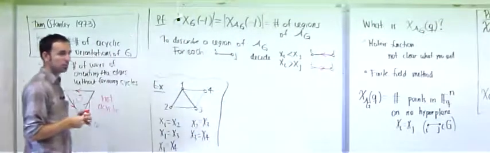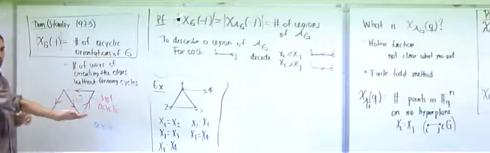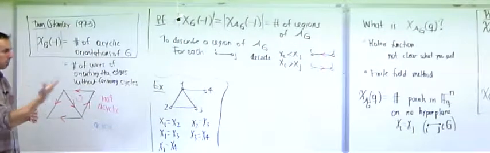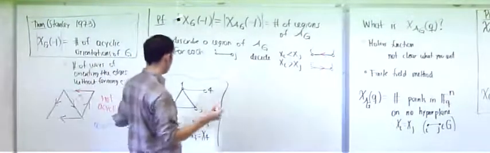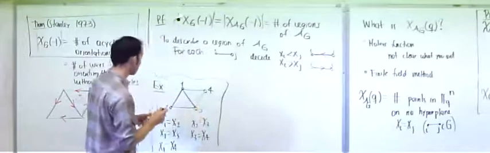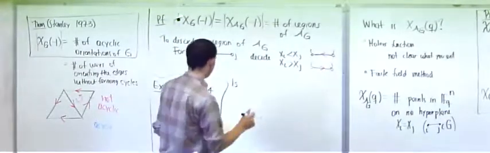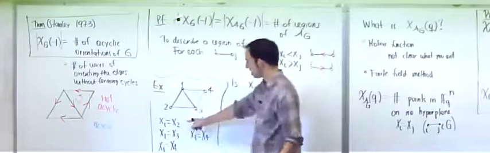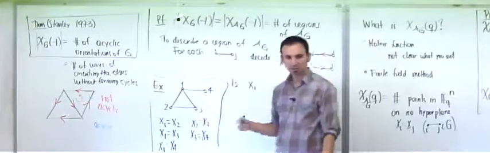Now, given a region, there must be an orientation that labels it. But the question is, when I orient it, do I really get a region or not? Let me give you an example. Let's say that I take each one of these hyperplanes and I choose a side.